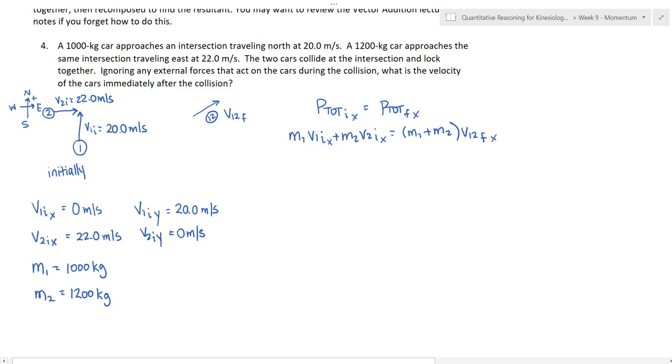Okay, so we're doing everything only in the x direction, and I'll label it here just so it's clear for you. X direction.